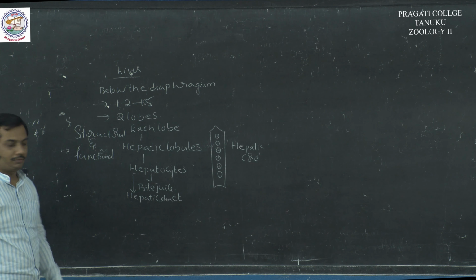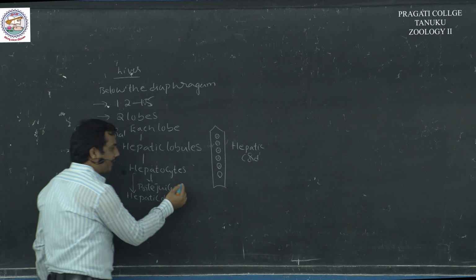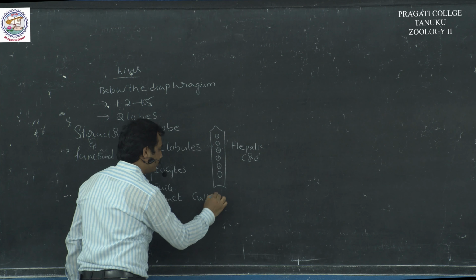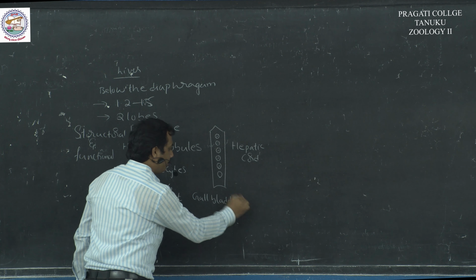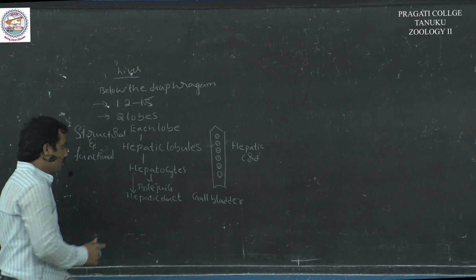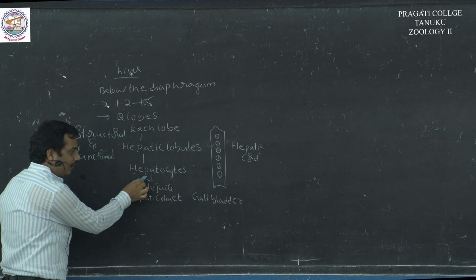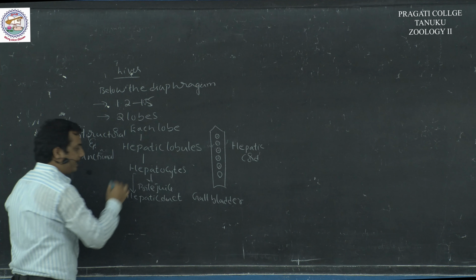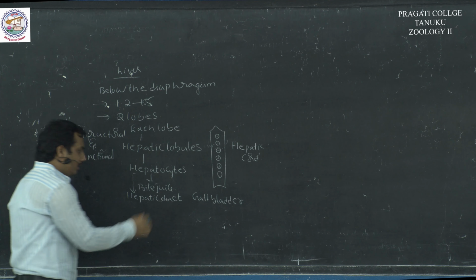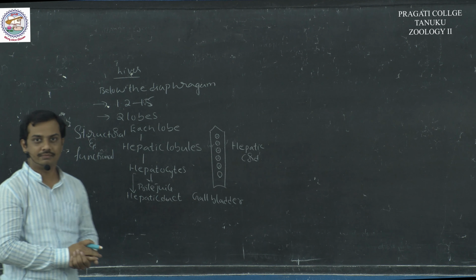The bile juice produced from the hepatocytes is carried to the gallbladder by the hepatic duct, where the bile juice gets concentrated.